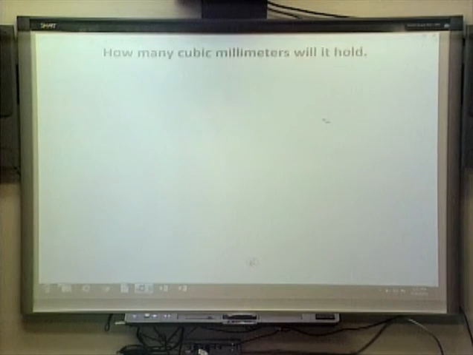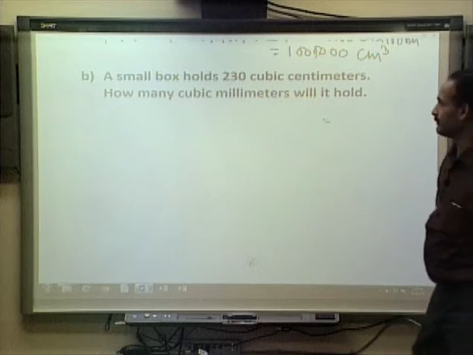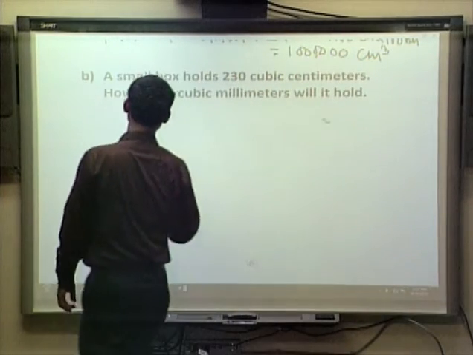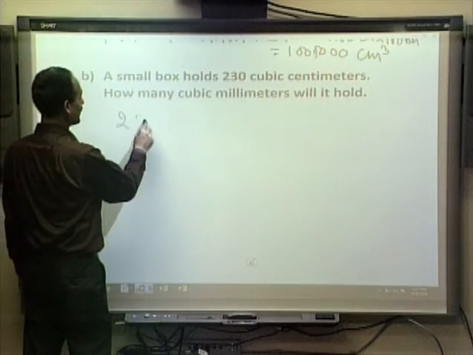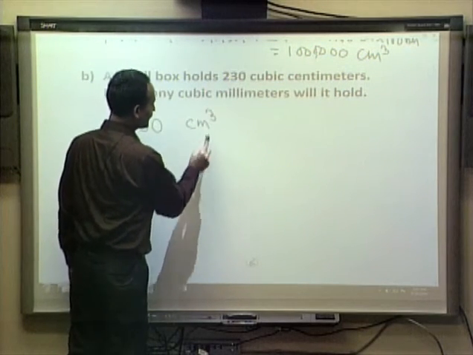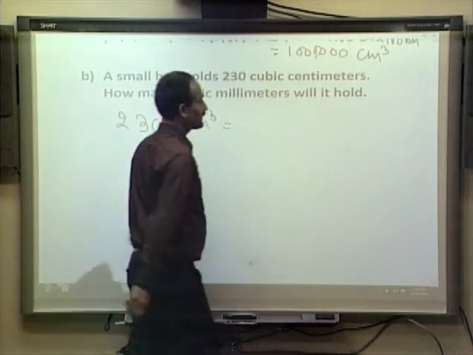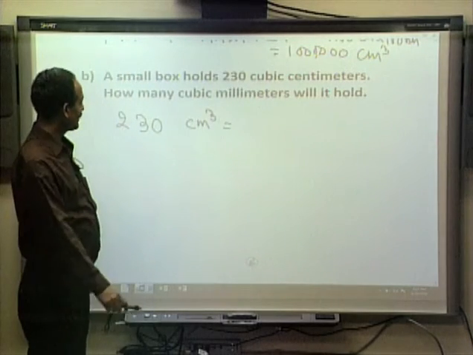Let's look at the second question. It says a small box holds 230 cubic centimeters. How many cubic millimeters will it hold? So, the question is basically 230 cubic centimeters equals how many cubic millimeters?